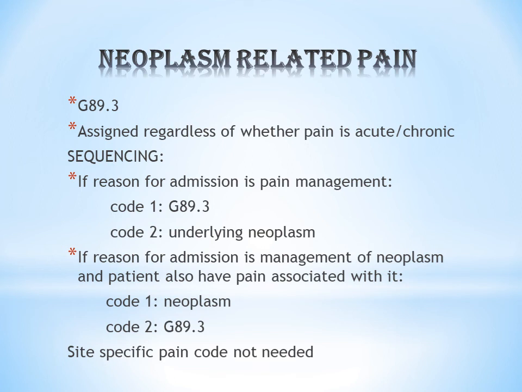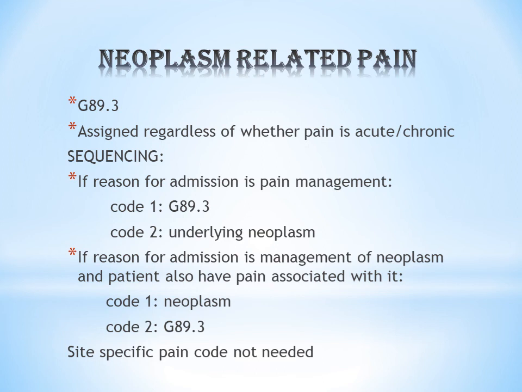The second one is if the reason for admission is management of the neoplasm and the patient also has pain associated with it. Here the patient has a neoplasm and pain related to the neoplasm, but currently comes to hospital for treatment of the neoplasm, not for treatment of pain.